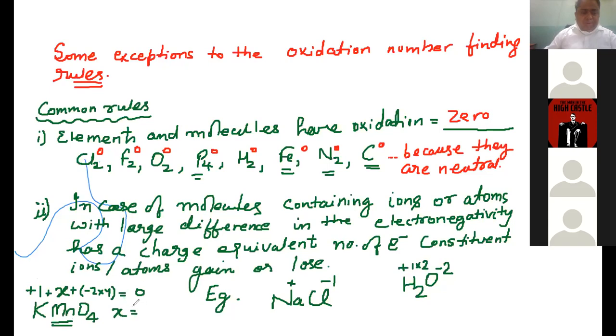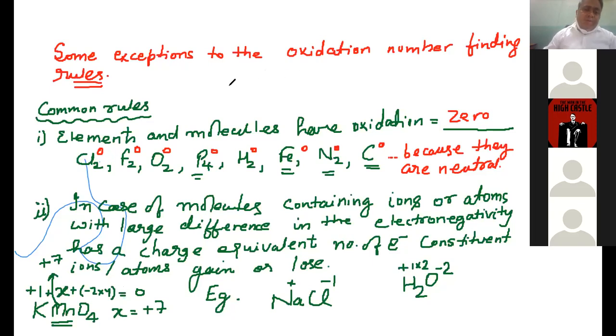It is minus 8. It is plus 1. So it is x minus 7 is equal to 0. So x is equal to plus 7. So we'll write its oxidation number to be plus 7. So in this way, we find out the oxidation number of various atoms.